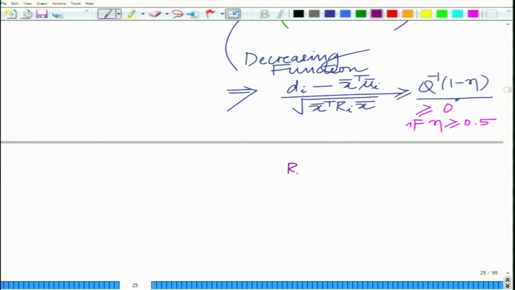Remember, R_i is a covariance matrix, so R_i is a positive semi-definite matrix, so I can factor it as R_i tilde transpose R_i tilde.